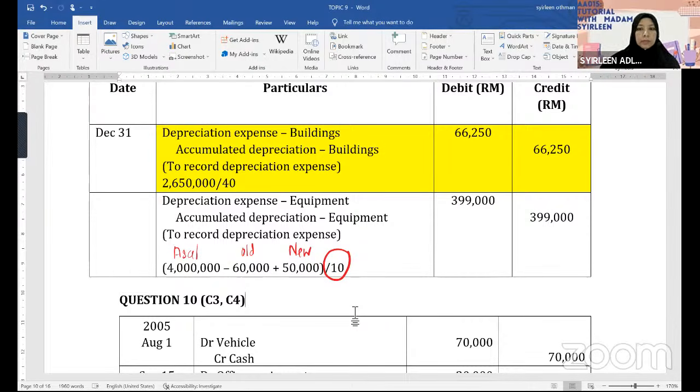Okay, so that's how you dapat nilai RM399,000. Okay, so 399 is yearly basis. Okay, 397750 is monthly basis. Ada beza 1250 dekat situ.